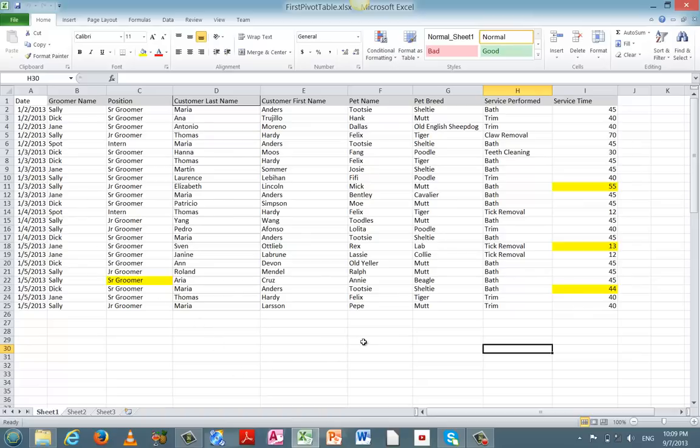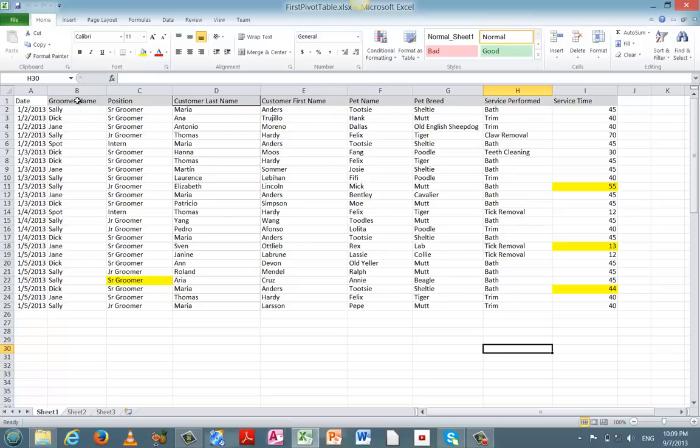So maybe this occurred to you, maybe not, but let me point something out. We're storing data in a flat file, which means that everything's just being put into one tabular format. And each row of data, if you think about it, really consists of several themes.